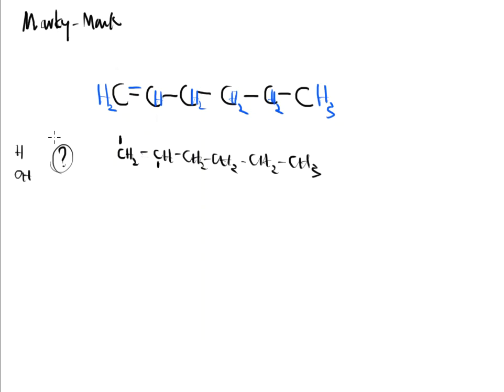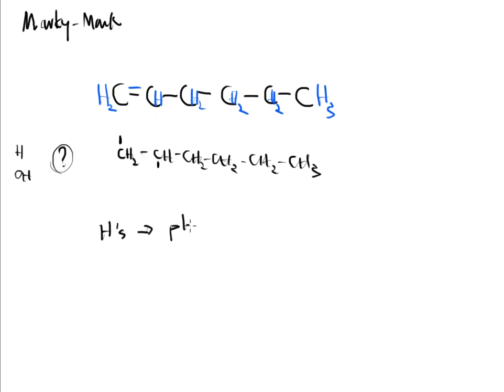Well, Markovnikov is going to help you out. And this is what Markovnikov basically said. Markovnikov said that if you have hydrogens that you are adding onto a molecule, if that's one of the choices, hydrogens are kind of picky.